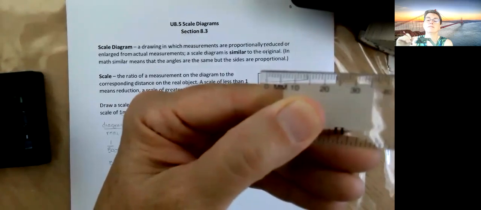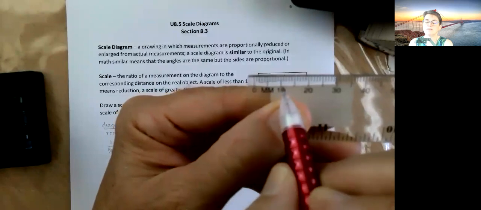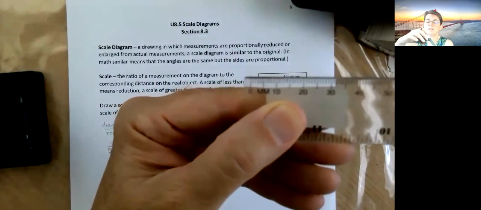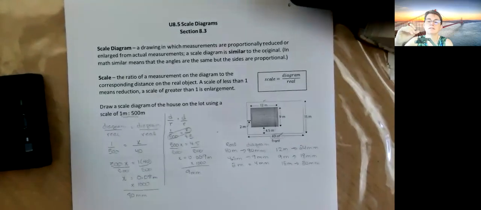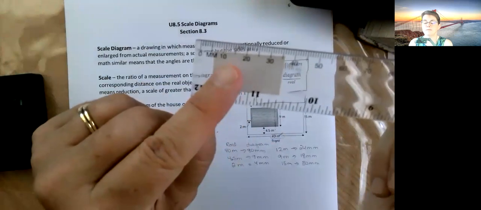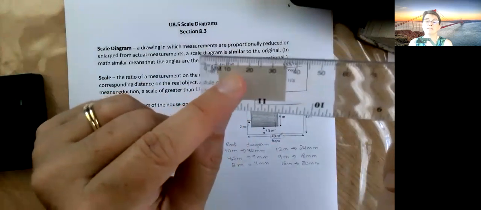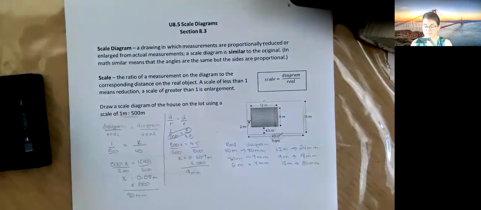It's too close. Each one between those, so if there's 10 little lines, that's 10 millimeters. Also, besides it being millimeters, if you divide these by 10 and basically just ignore the zeros, that's 1 centimeter, 2 centimeters, 3 centimeters.